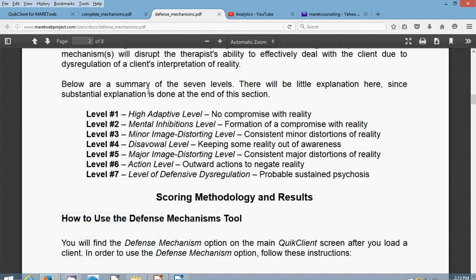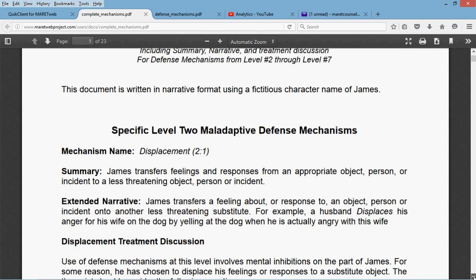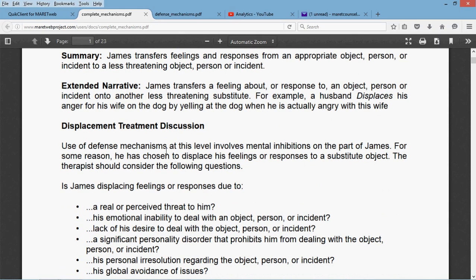Let's go to this other document. What I did here is I took James and checked all 31 items so that we would get the description up, and I also put the treatment discussion in here.